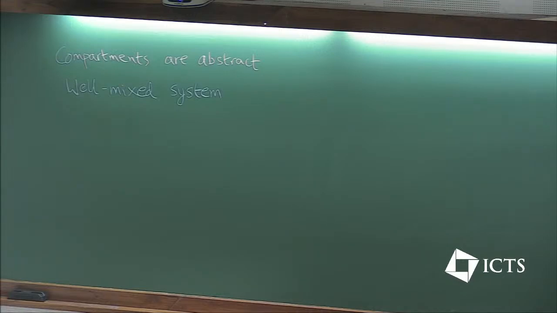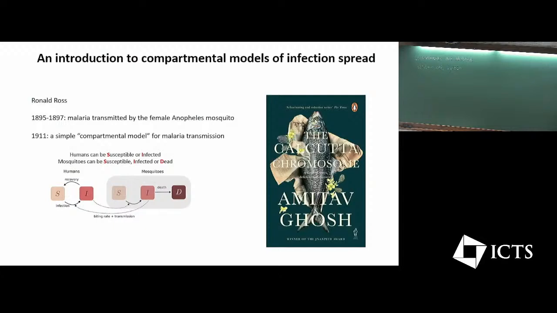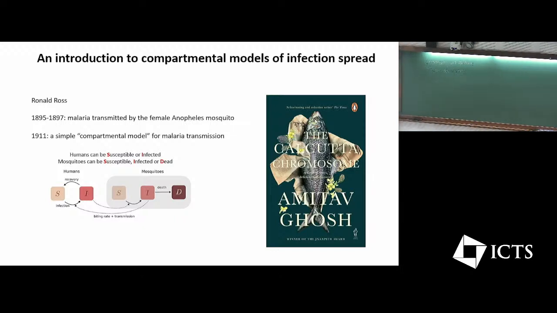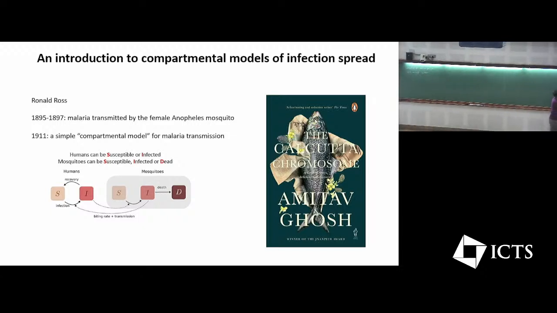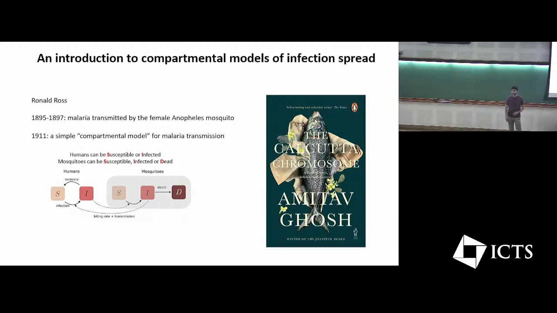So these arrows tell you the transitions that can happen for any individual in any compartment. A susceptible individual can become infected, they can recover. A susceptible mosquito can become infected because of biting, and it can die, and so on, okay?